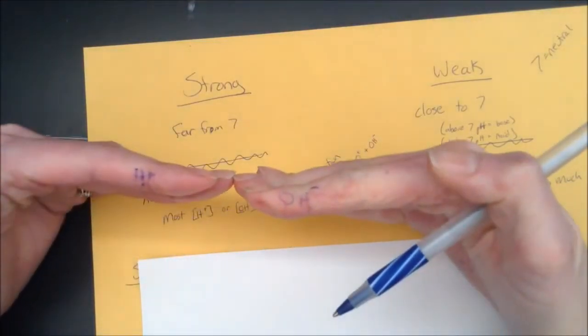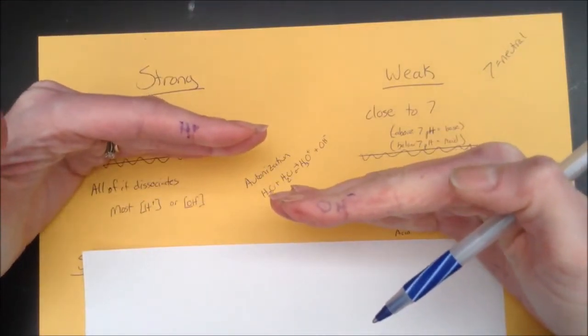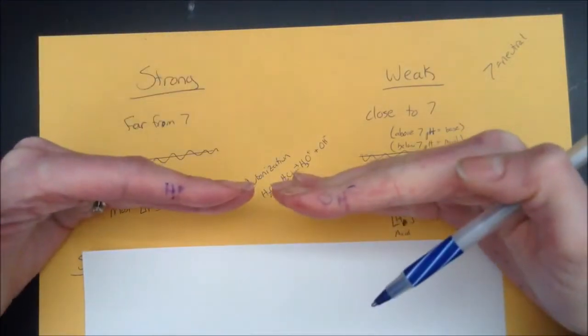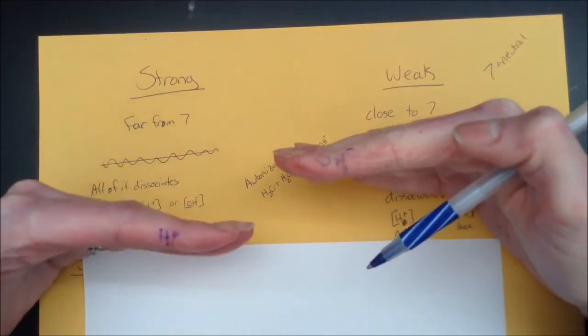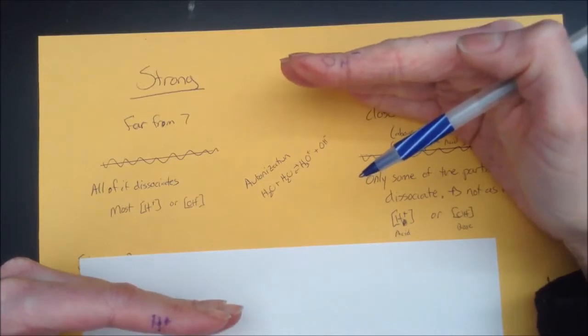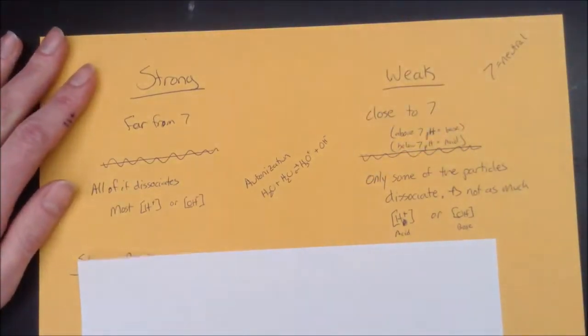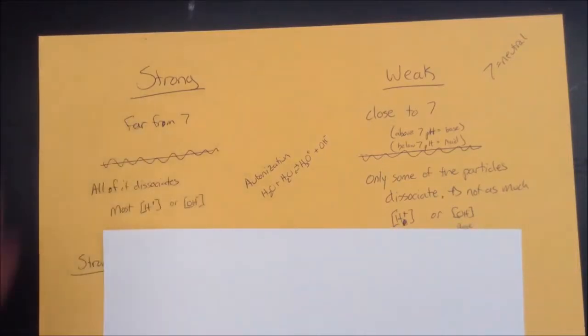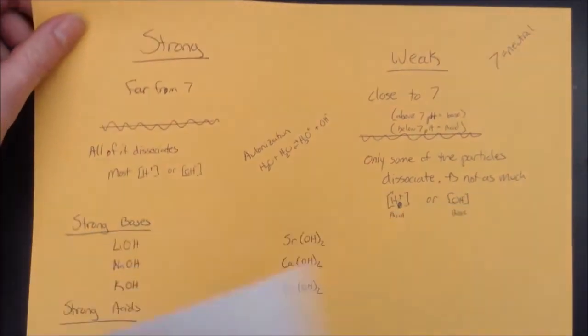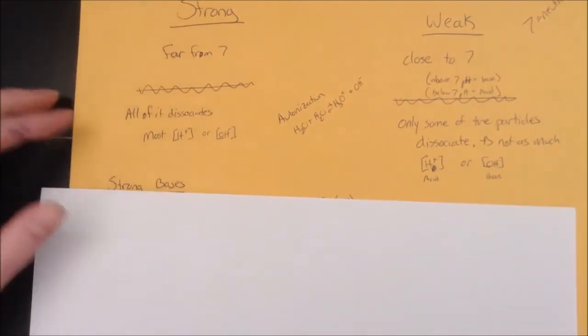So remember, here's neutral, here's my weak acid, here's my strong acid, here's my neutral again, here's my weak base, here's my strong base, so the difference between the amounts of hydroxide ion and hydrogen ion is different. Now, you're going to have to memorize a few things here, but it's kind of easy.